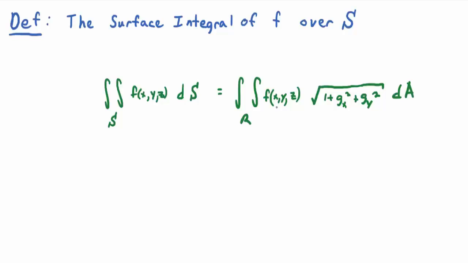But the real reason we're going to define this is for later on when we talk about a flux integral. That'll be the main application, actually. So this is a surface integral of some function f over S. If the f that we're sticking in here is just 1, then what are we finding? We're finding surface area, right?